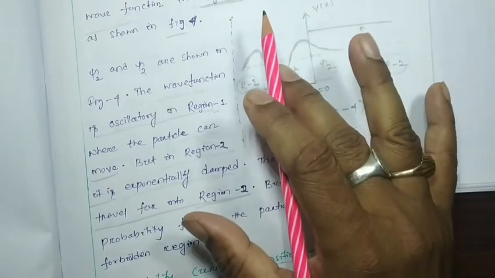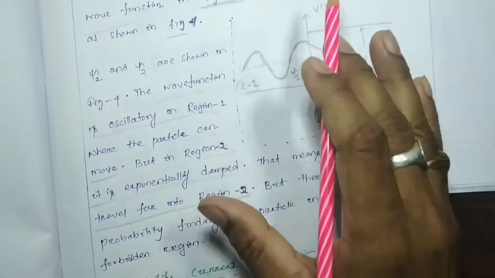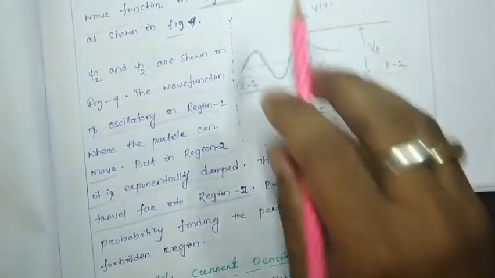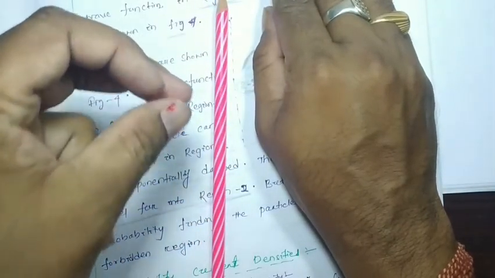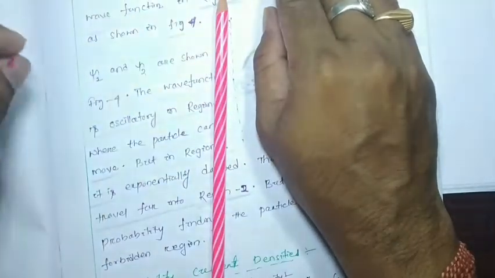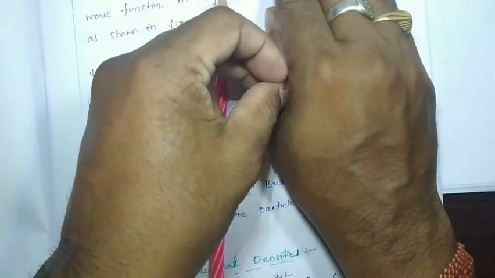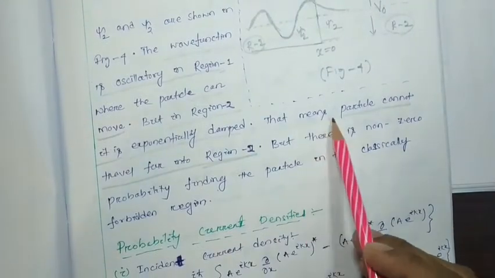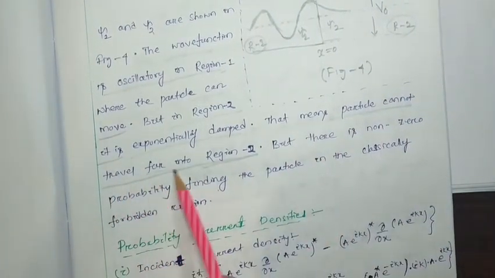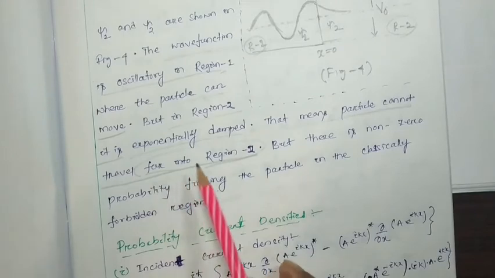In the last video, number 2, I gave one example: classically, if a potential is there and the particle moves this side with kinetic energy less than the potential, it could not penetrate at all. But here we found that the particle cannot travel far into the region, but up to some extent it can.